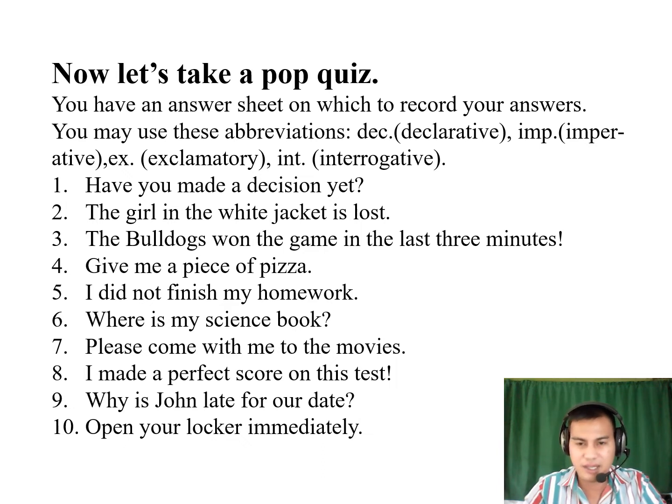It can be a command, a request, or an order. Then we have the exclamatory. An exclamatory sentence is an overflowing emotion, an expression. And then the last one is of course the interrogative sentence. The interrogative sentence asks a question.